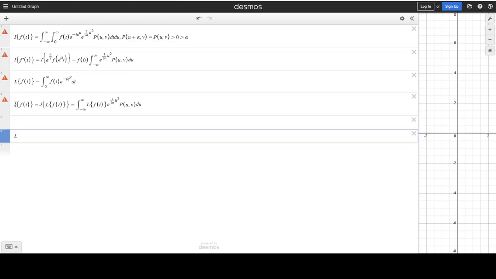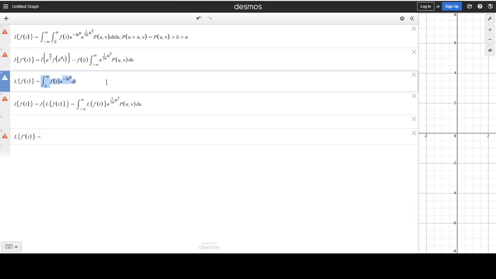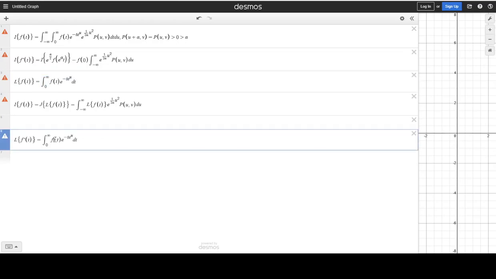Now L f prime of t is going to equal f prime of t, which is just going to be equal to f of t e to the power of negative u, evaluated from 0 to infinity, minus the integration from 0 to infinity of f of t times negative e to the power of u, which we can bring out, so then plus e to the power of u times f of t e to the power of negative t e to the power of u dt.